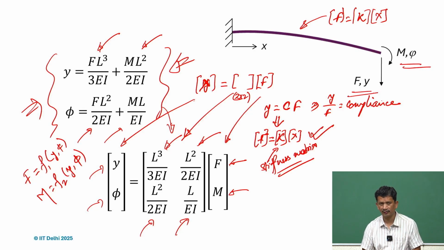For the general case, if F and M are acting at the end, what is the overall equation, and what is the relationship between the forces and the deflections? Then for individual cases we can apply boundary conditions and work with that.